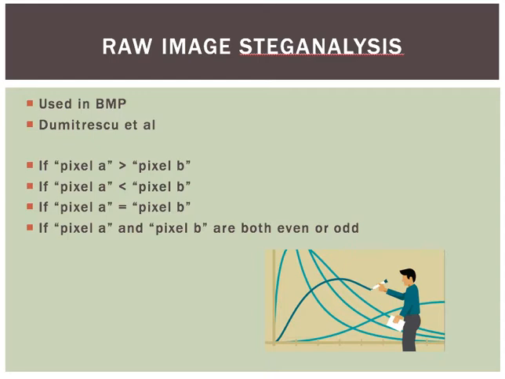This was developed by Dimitrescu et al., I think is how you pronounce it, but I'm not too sure. So the pixels are classified into these 4 pairs, and we're going to complete this throughout the whole image. When a message is inserted into the least significant bit, the values are going to be modified. So obviously some of these are then going to be less than, some of these are then going to be greater than, and they're not going to stay the same.